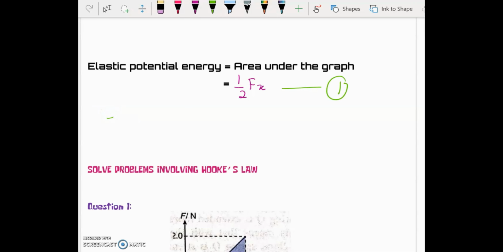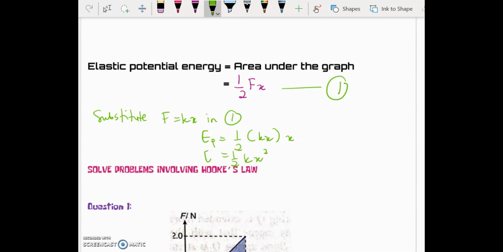So we substitute F equals Kx in 1, so you will get half Kx times x, which is half Kx squared. So now you have two formulas to express elastic potential energy.